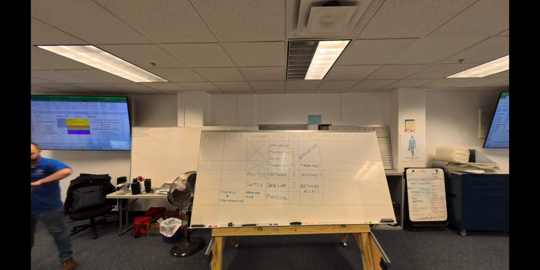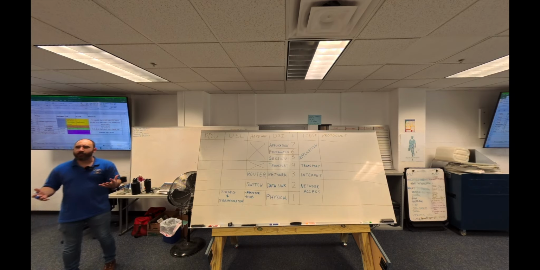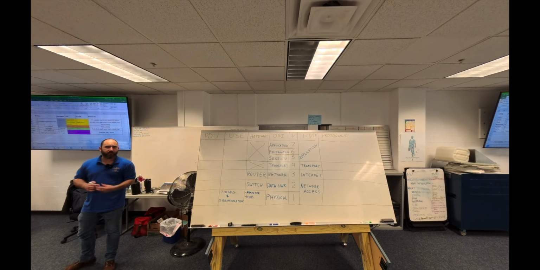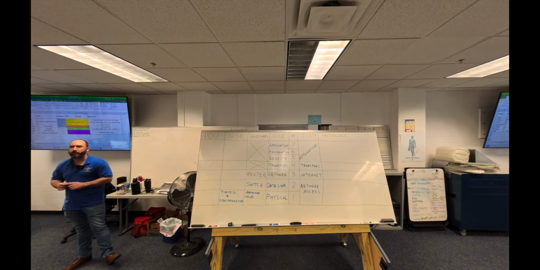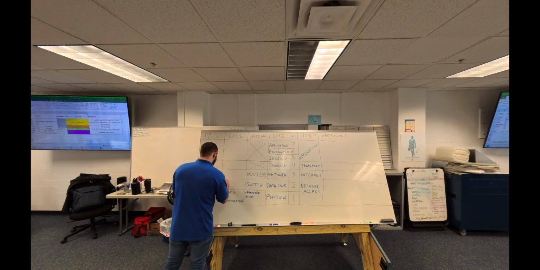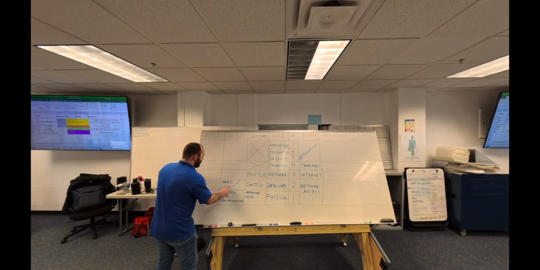So we can communicate with other computers. Switches operate by looking at a certain address. And we'll learn about these addresses later on in chapter 6, but this address is called the MAC address. And another name for MAC address is our physical address. And we'll break these down, MAC or physical address, in chapter 6.